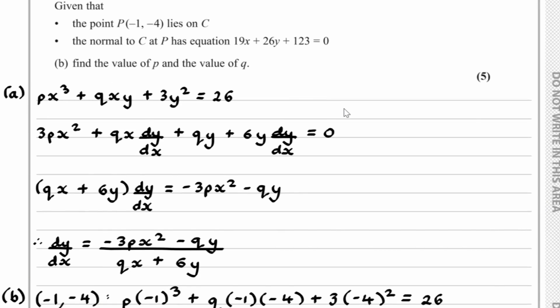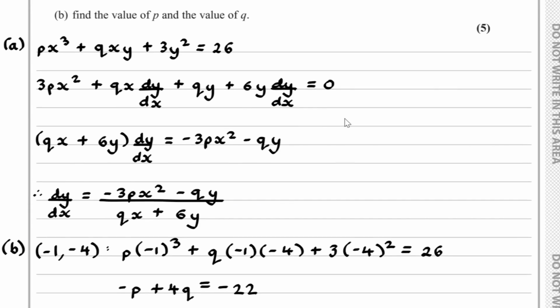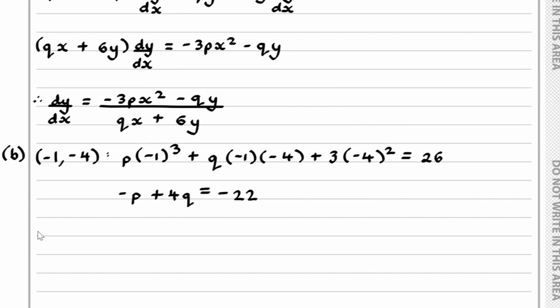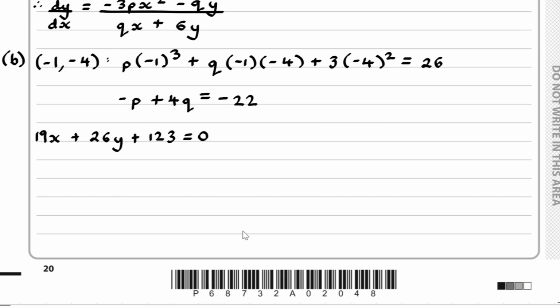First of all, if we take a look at the equation 19x plus 26y plus 123 equals 0, we can rearrange this equation in the form y equals mx plus c.